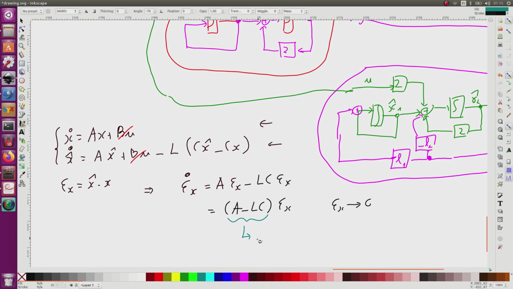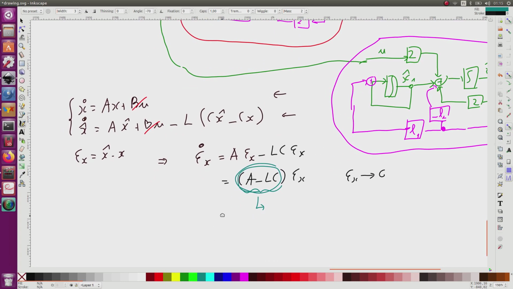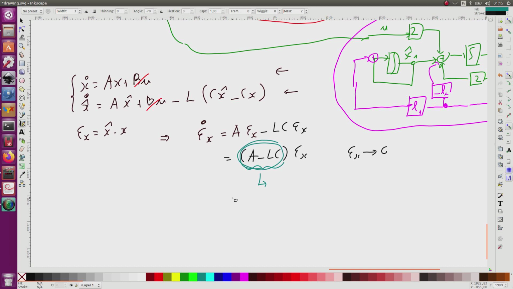I will choose, by a pole placement method, the eigenvalues of this matrix. Here I will put all of them equal to minus 1. I put minus 1 because it is a second order system, so I have to place two stable eigenvalues, and I choose minus 1.